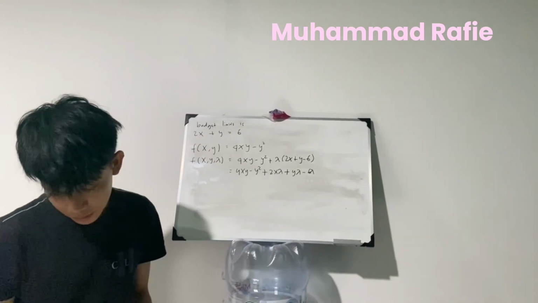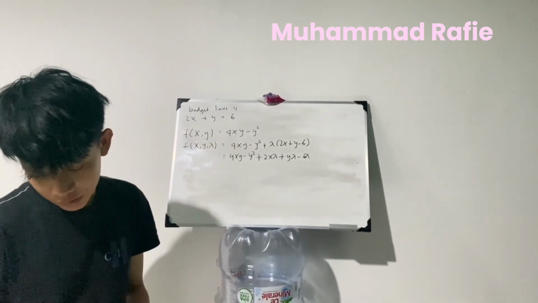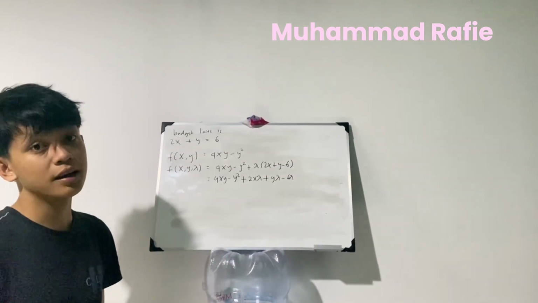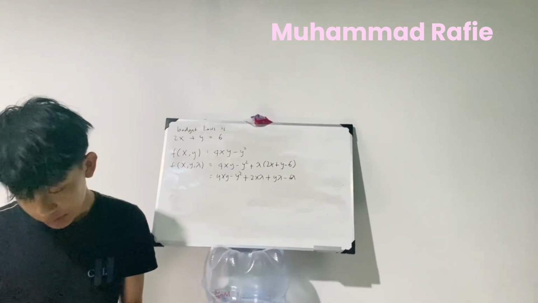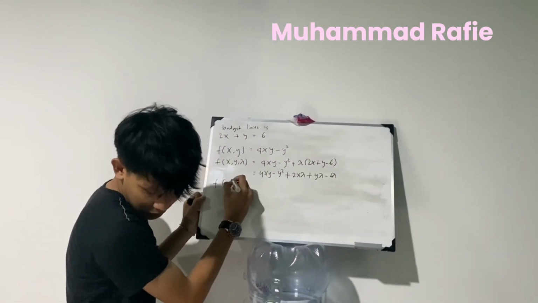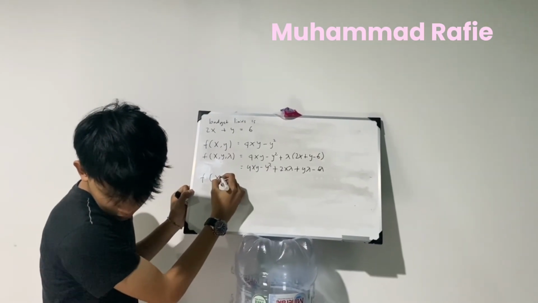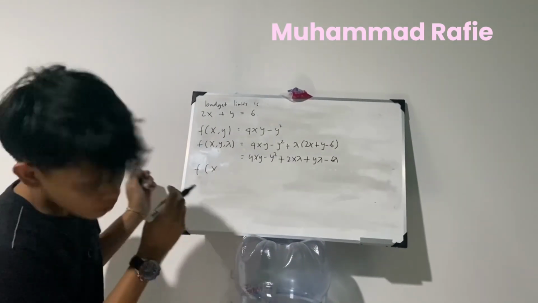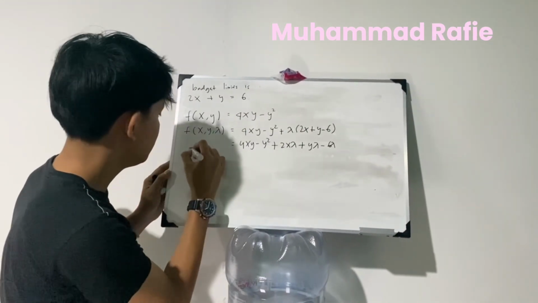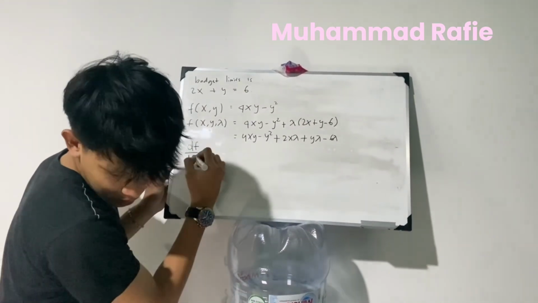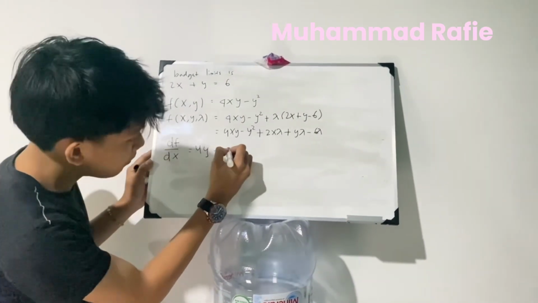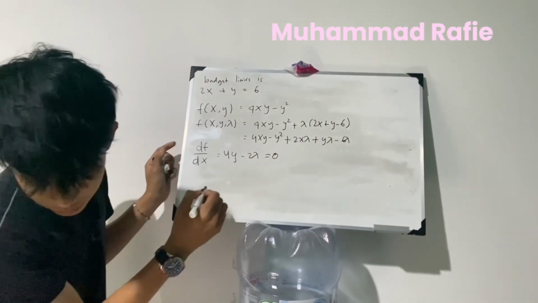So the next step, you take partial derivatives with respect to x, y, and lambda. The derivative with respect to x: df/dx equals 4y minus 2 lambda equals 0.